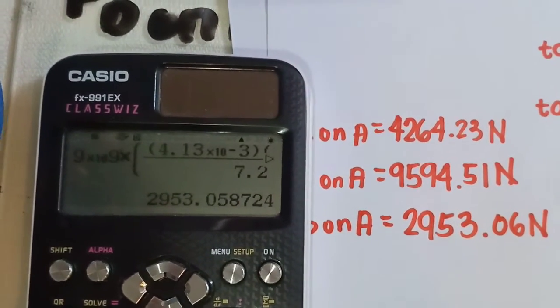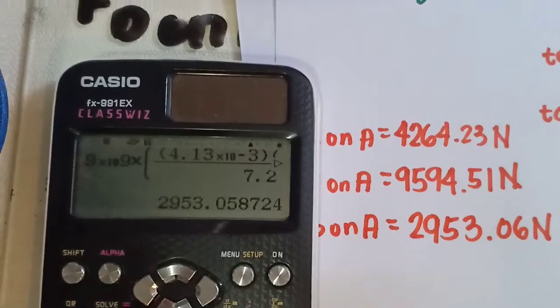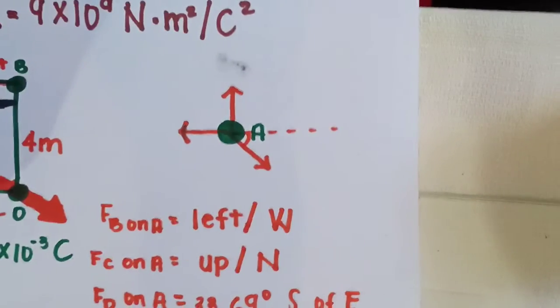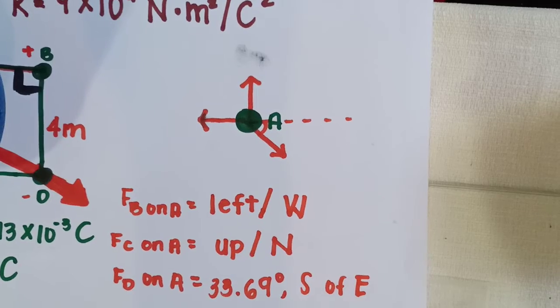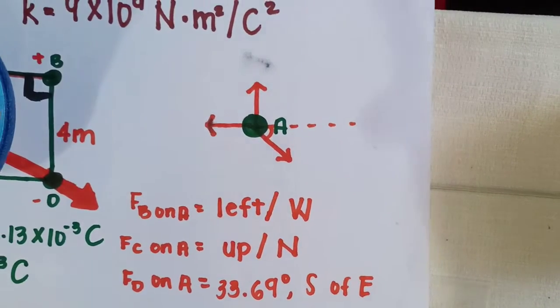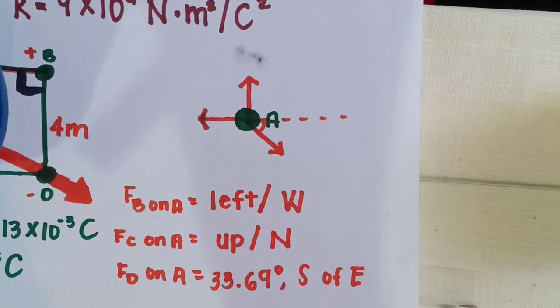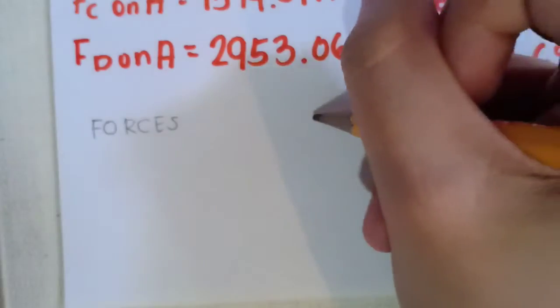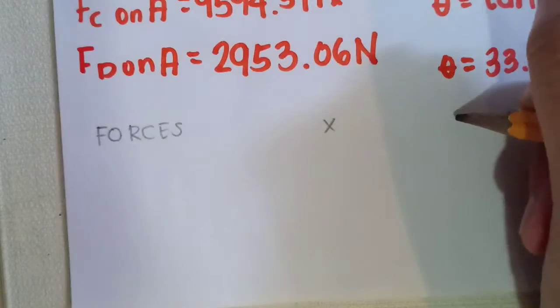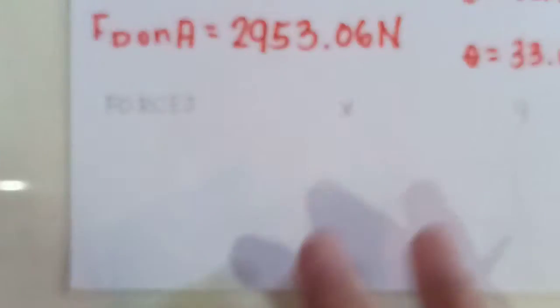Then, we look for the resultant force. So, the overall force on A, and where is it going? So, we will solve the resultant force using the component method. So, how does it go? Here. For us to find the resultant force, we have to fill in this table. Forces, X, and Y. This is the component method.